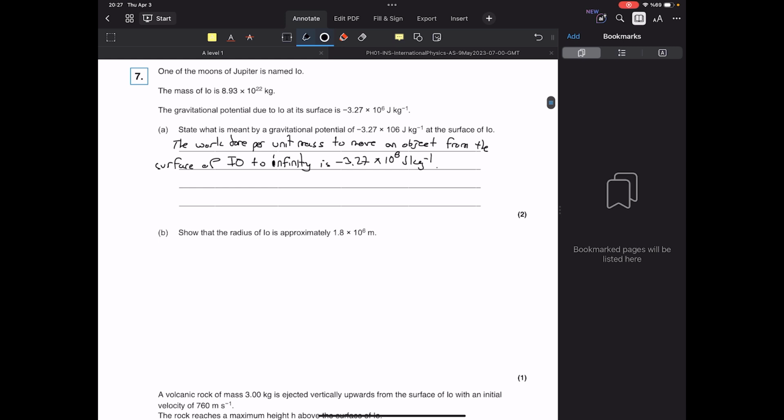So now it wants us to show that the radius of Io is approximately equal to that.